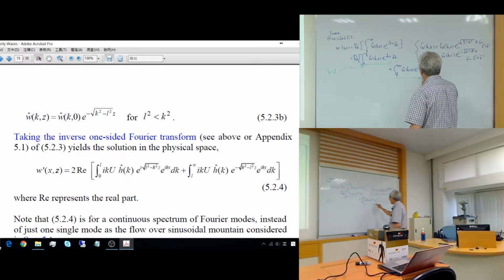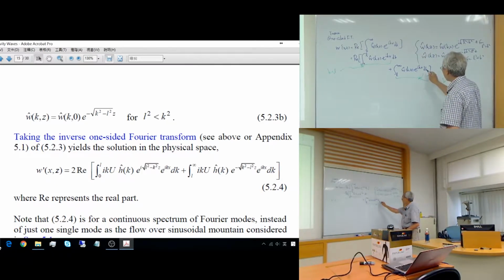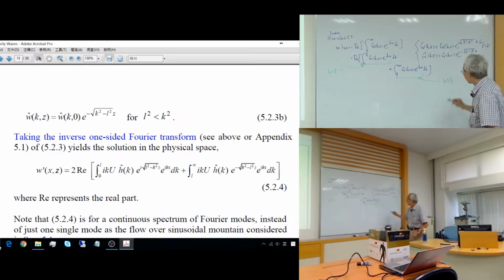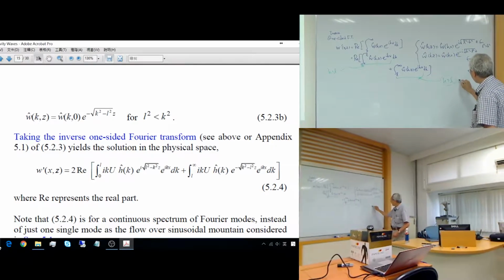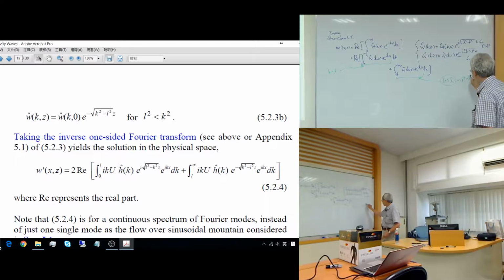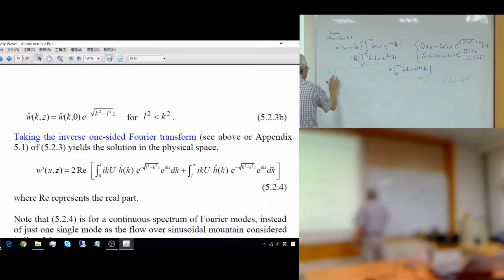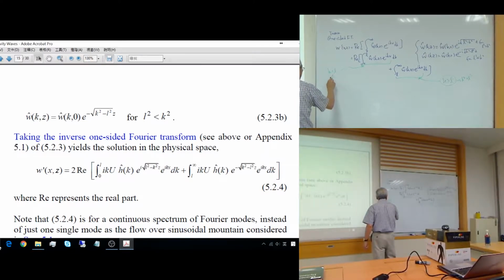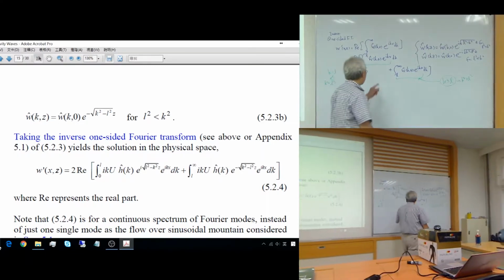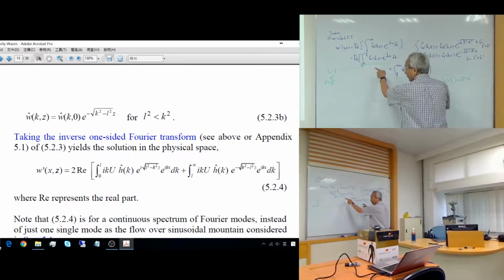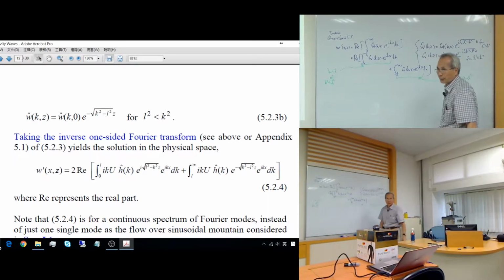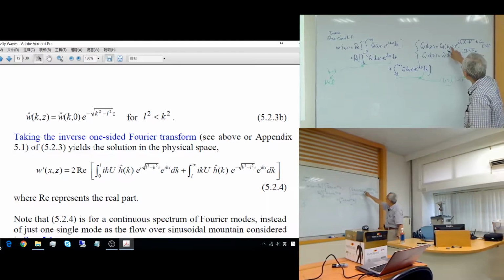This part means k must be greater than L. Right. So this means k squared greater than L squared. And this means k squared less than L squared. Okay, so these two have different solutions. One is here, one is here.